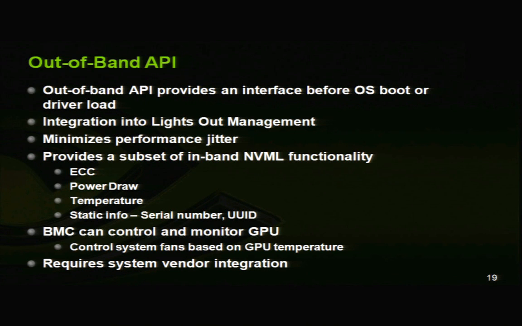It provides a subset of the NVML functionality, for instance, checking ECC or checking the power draw, temperature, and something like that. It requires system vendor integration because it normally has to be integrated with a BMC board, which is integrated into the nodes.